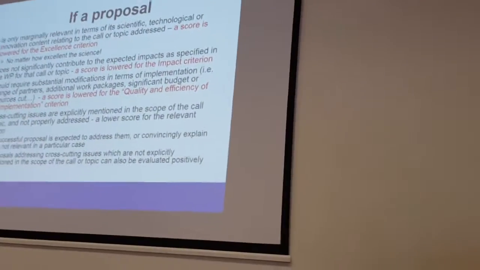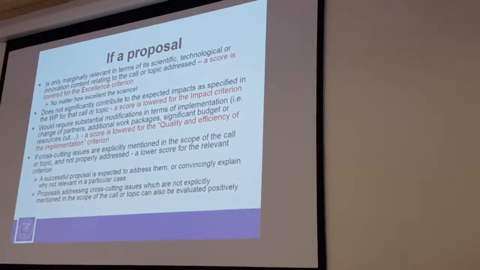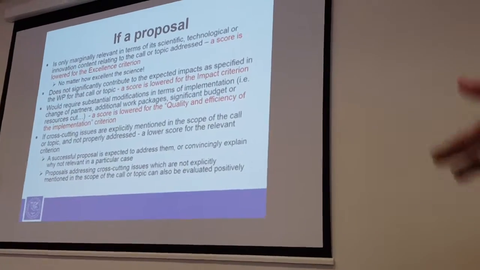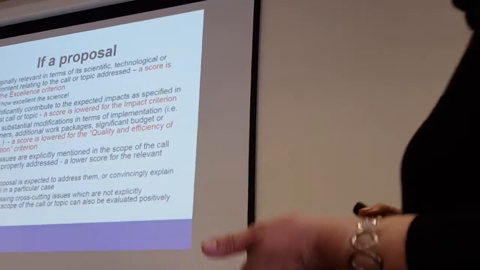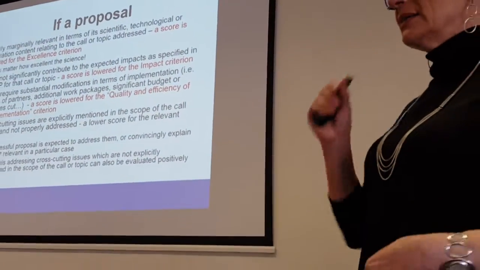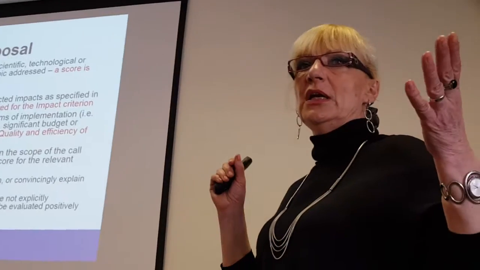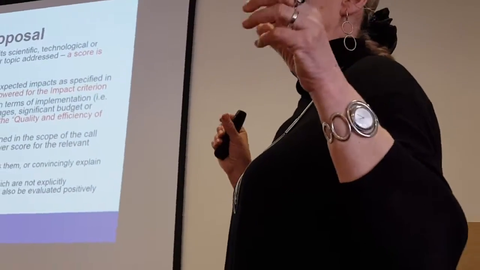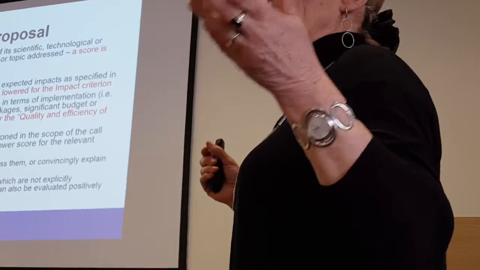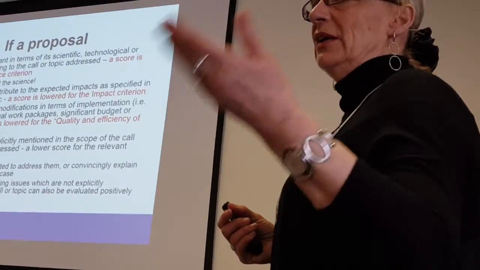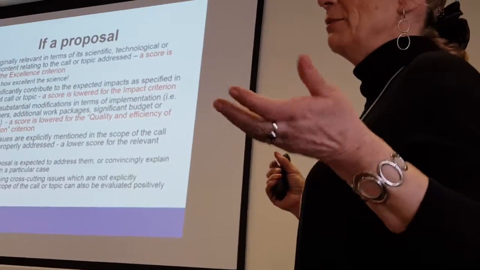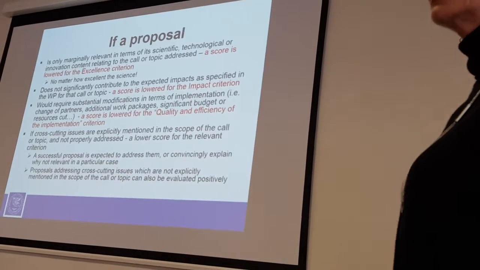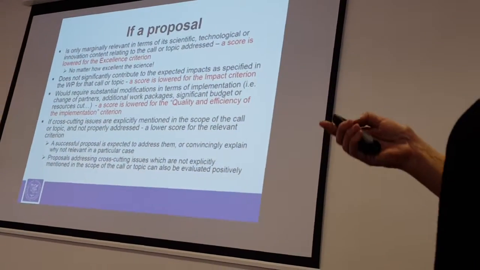Similarly, if cross-cutting issues are explicitly mentioned in the scope of the call and are not properly addressed, your score can be lowered for this reason. And if you realize that you can reach a maximum of 15 points, and the evaluators can lower even half a mark, it can have a big impact on the overall score and on the potential success of your project proposal.